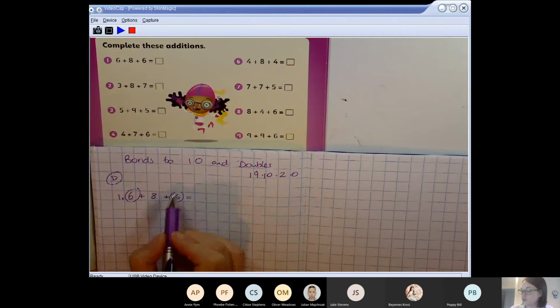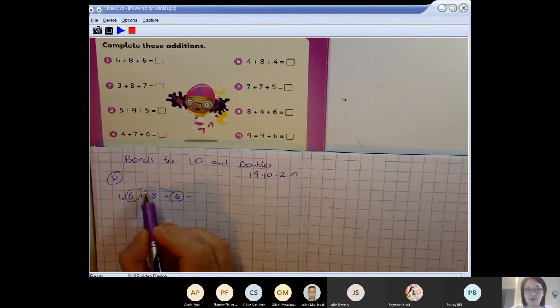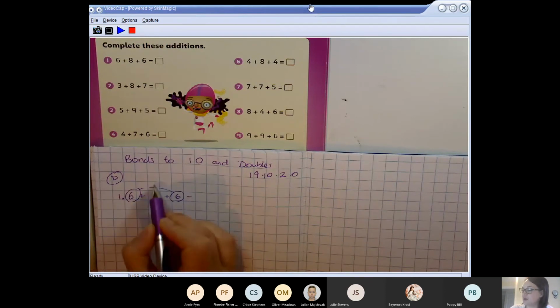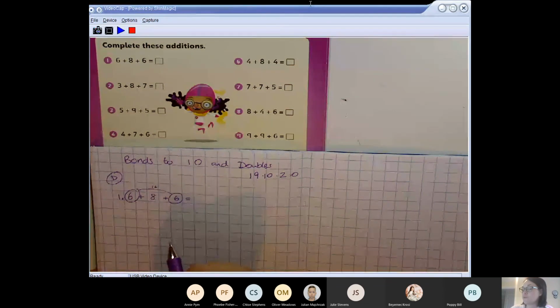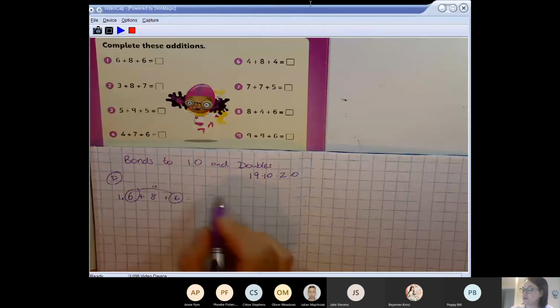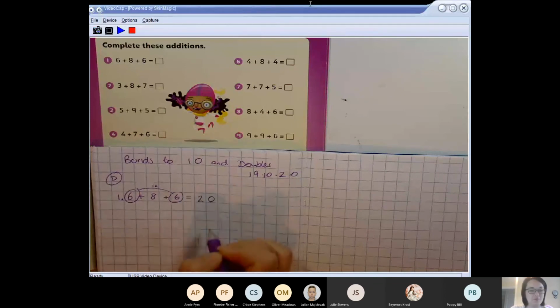If you want to do what I did and join them together, 6 and 6 I know is 12, and make yourself a little mathematical note like that. I've actually spotted, I've now got a number bond. 12 and 8 is not a number bond to 10, but it is a number bond to 20.